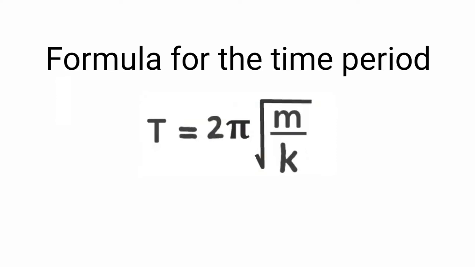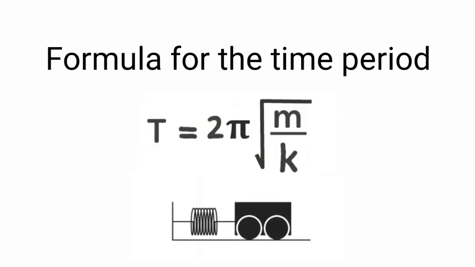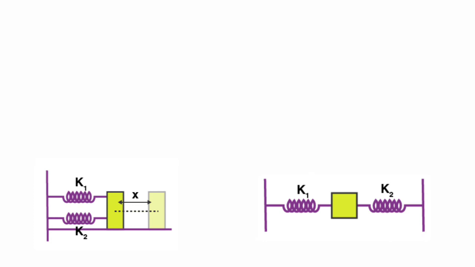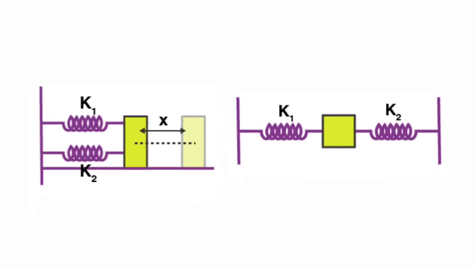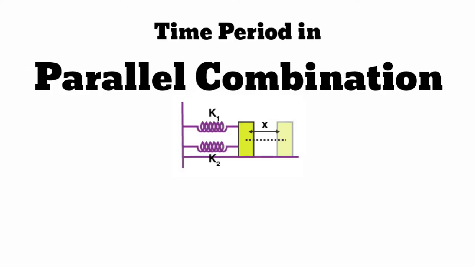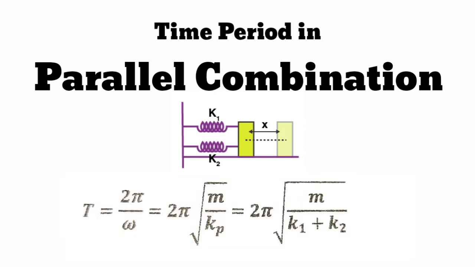This formula is just for the basic setup of a spring mass system. There are other formulas for different combinations of springs, and these are their formulas. They are also derived from our original property of simple harmonic motion and Hooke's law. For the time period in parallel combination, we have T equals 2 pi over w equals 2 pi times the square root of m over kp equals 2 pi times the square root of m over k1 plus k2.